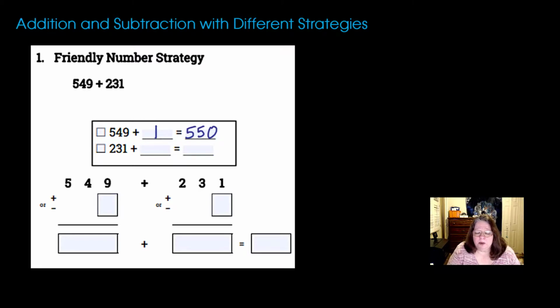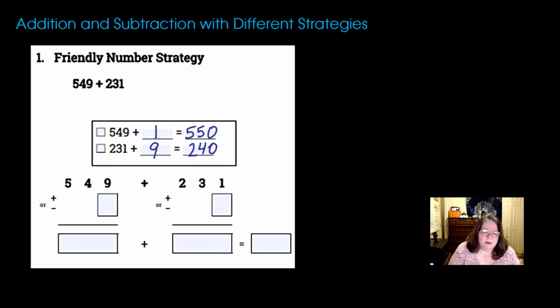In this strategy, we're practicing adding. How far away is it from the next multiple of 10, which would be 240? Well, I know that 1 plus 9 is 10, so 231 plus 9 would be 240.